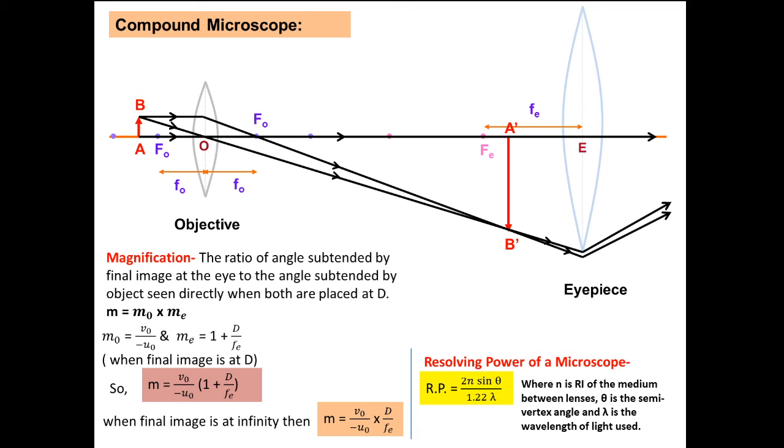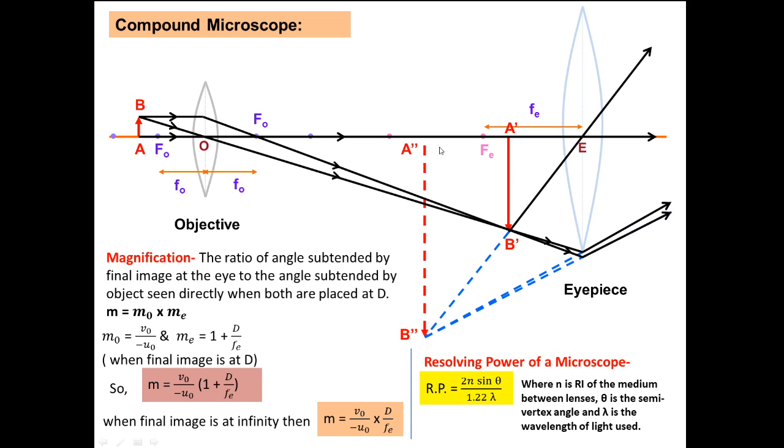If the eyepiece is adjusted in such a way that the image A dash B dash falls within its focal length, then a virtual, erect and enlarged image A dash B dash is formed. This is image formation at D. D is the least distance of distinct vision.